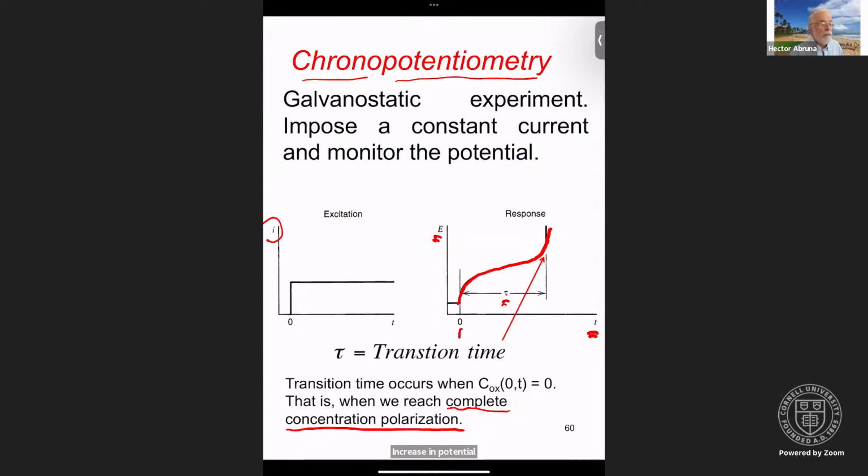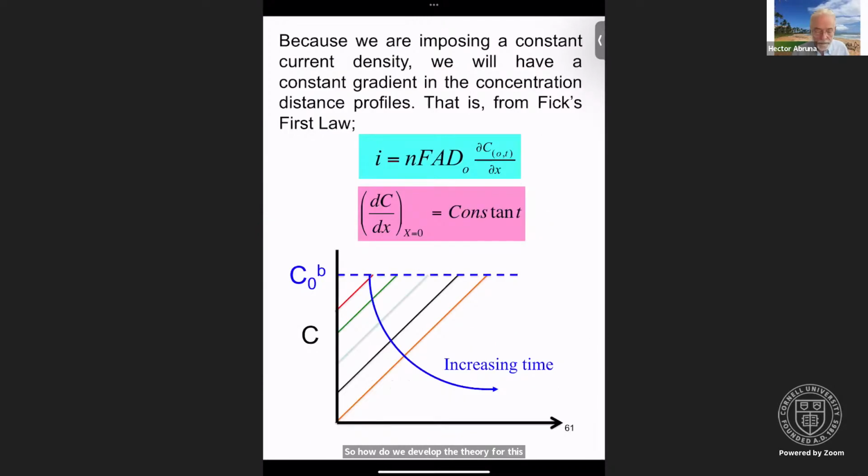So how do we develop the theory for this? Because we're imposing a constant current, we will have a constant gradient because Mr. Fick tells us that we have to.